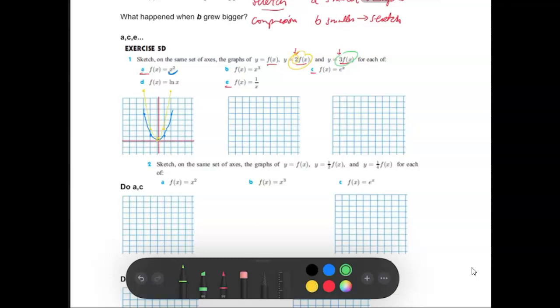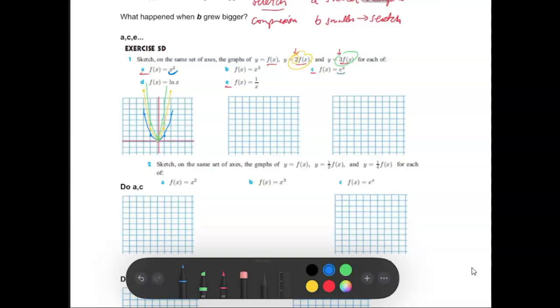And then the green is going to represent 3f of x. So the vertex is in the same place, and the point that is 1 unit away becomes 3 units away, and so on. Something like that.